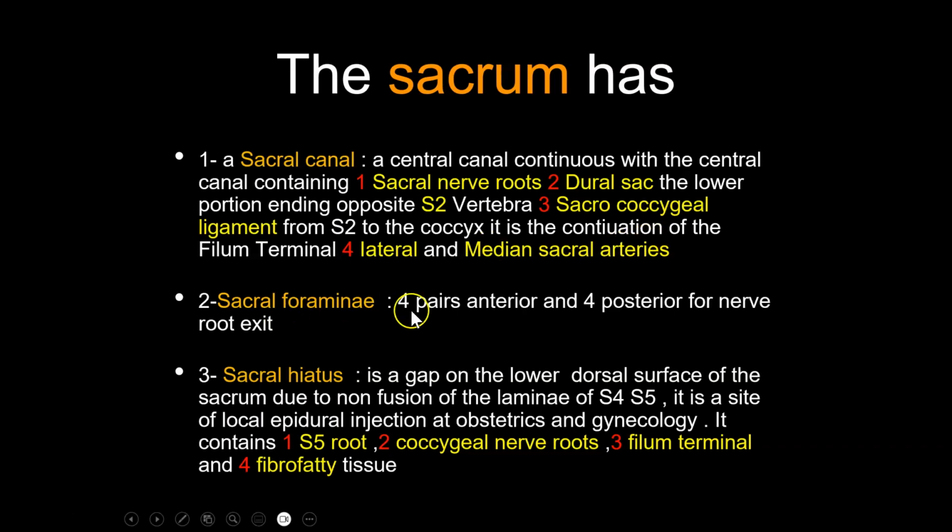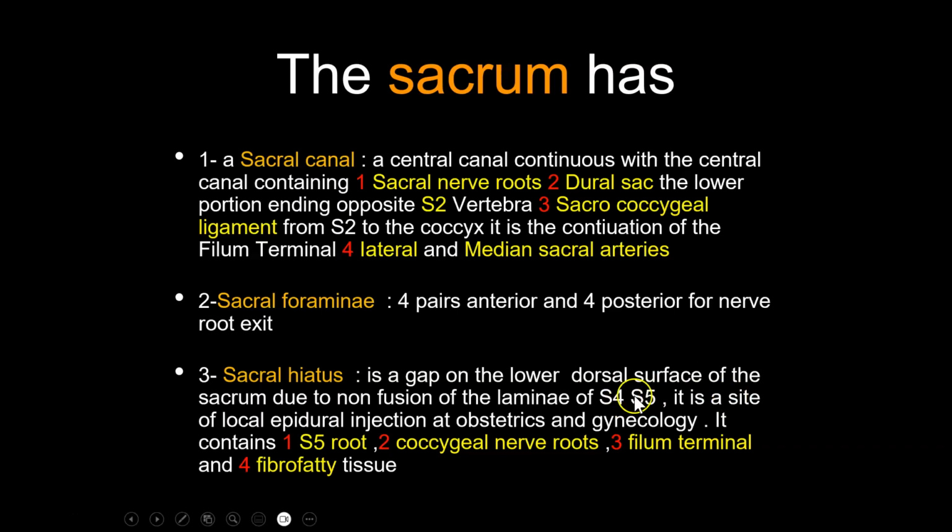The sacral foramina, as we said, are 4 pairs anterior and 4 pairs posterior, for the exit of the anterior and posterior nerve roots. And there is an opening, which is the sacral hiatus, a gap in the lower dorsal sacrum due to what? Non-fusion of the lamina of S4 and S5. So if you imagine the sacral vertebrae are fused, they have lamina from behind.